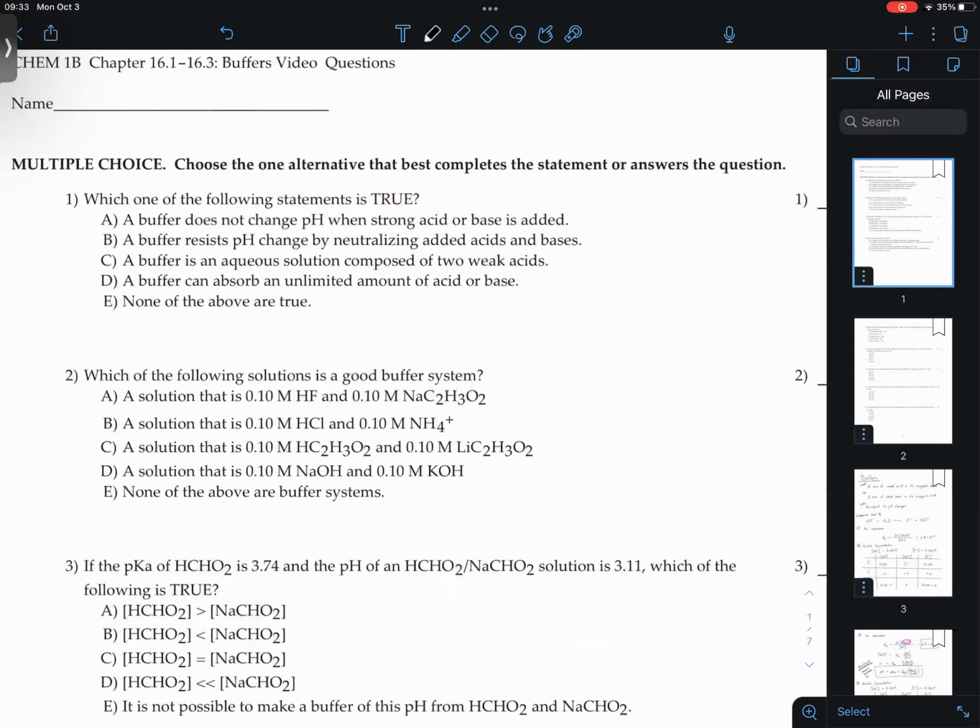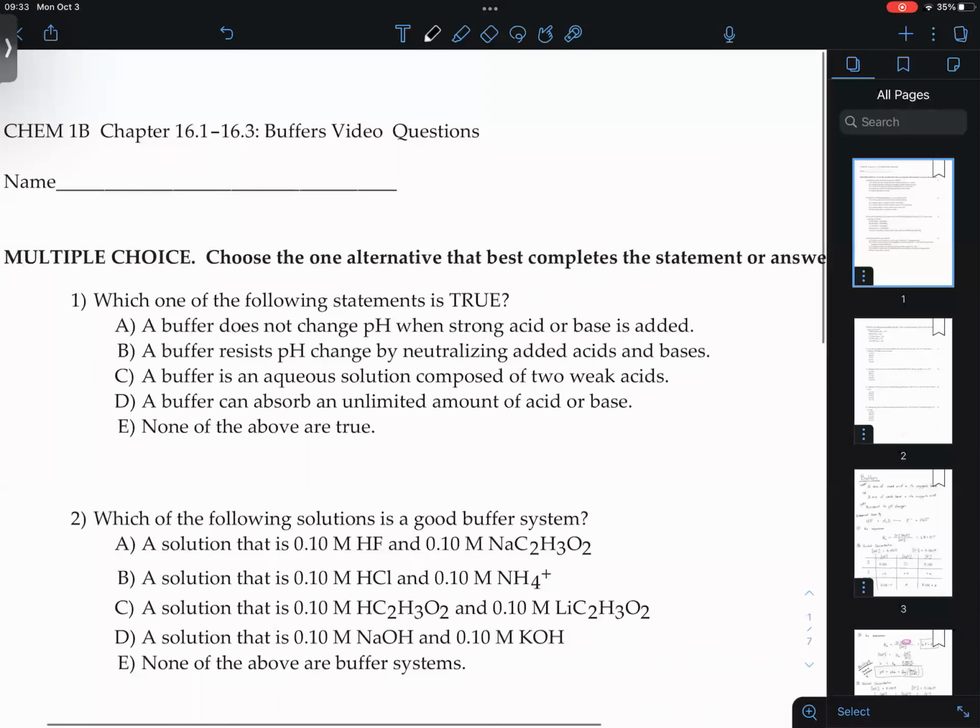All right, so I'm going to open it up for question 1 here. All right, so right now you're going to take a second and use our iClicker to tell me whether you think A, B, C, D, or E is correct here for this first question.